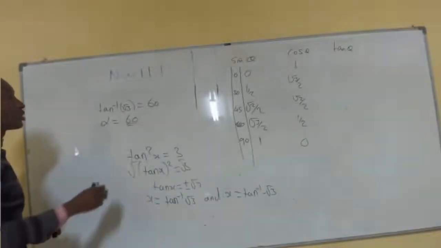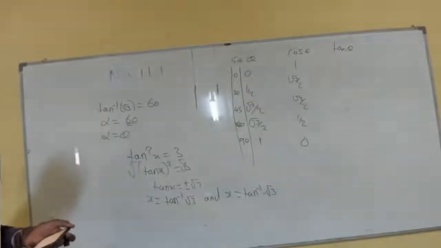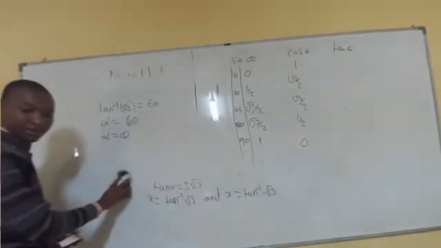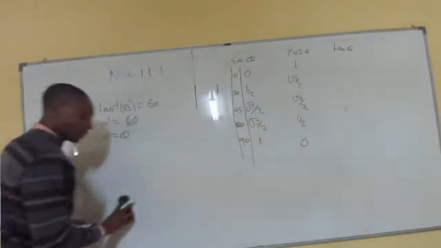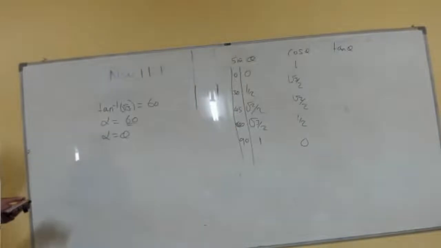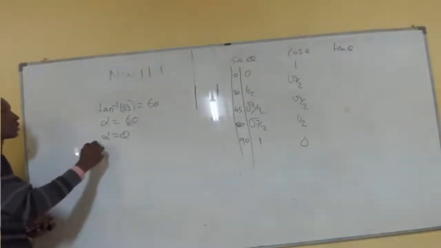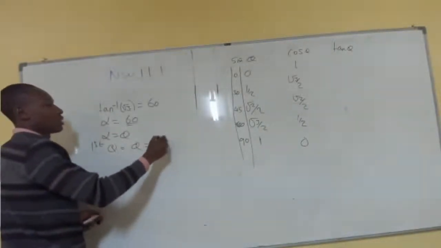In the first quadrant, alpha is equal to theta. So theta is equal to 60 degrees.